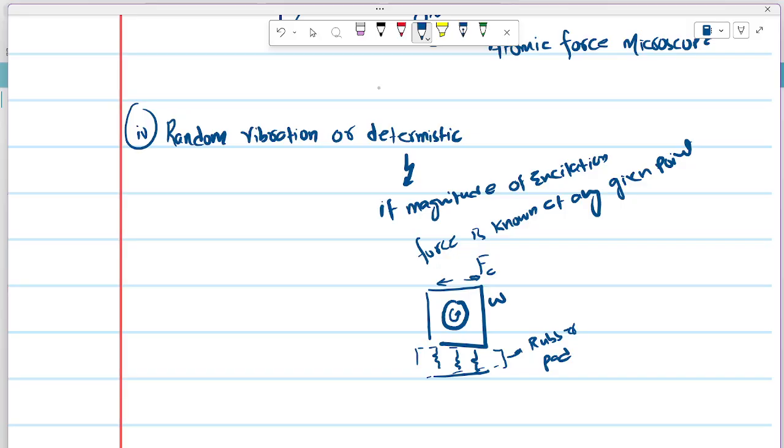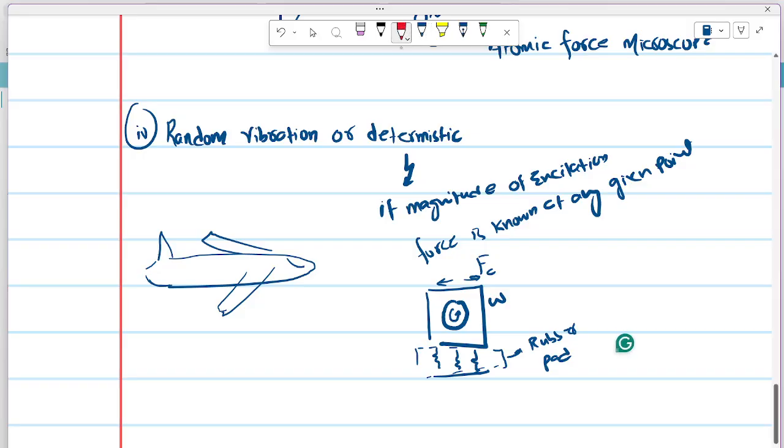But there are a lot of chances. Maybe you are flying up in a plane, and for some time everything was fine. Now you have some turbulence along the path of the plane.